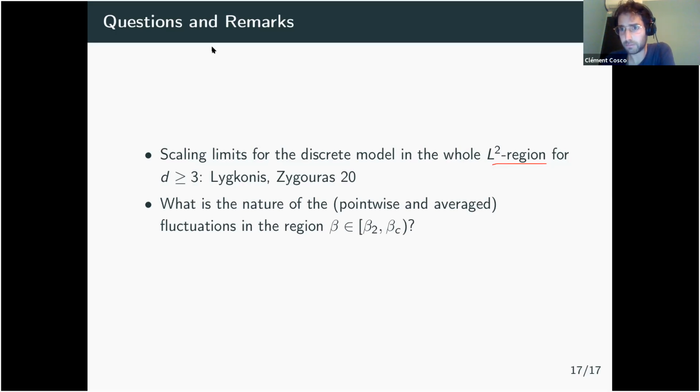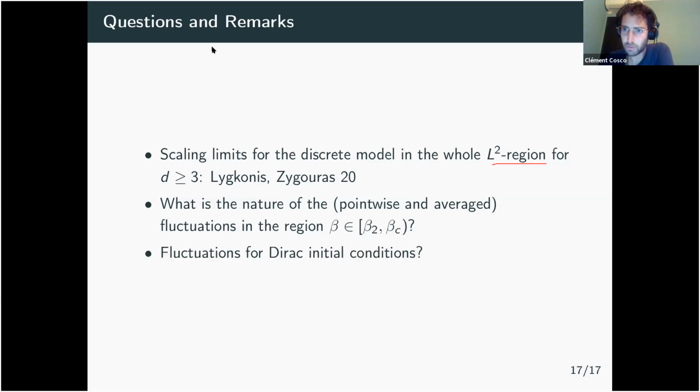Let me now just say a few questions that we still have. We don't know what the nature of the fluctuations at the pointwise or average level above beta 2 is. As I mentioned, we don't expect that they are the same, because there is a parameter that explodes at beta 2. So it's quite interesting to wonder what happens.